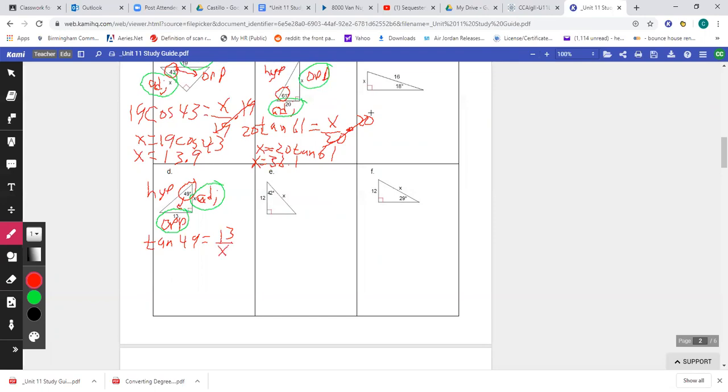Now the x is on the bottom. So now how do we solve when x is on the bottom? Well, we're just going to go ahead and multiply by x on both sides. And what happens is on the right side, the x's cross out. So I have x tan 49 is equal to 13.